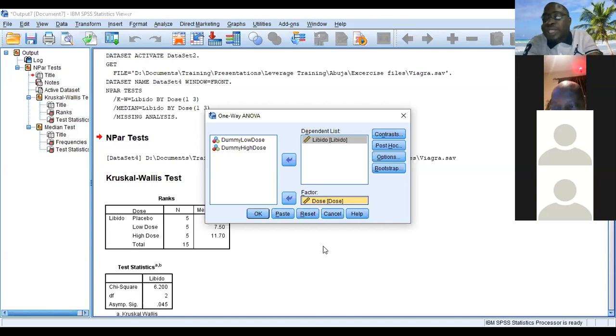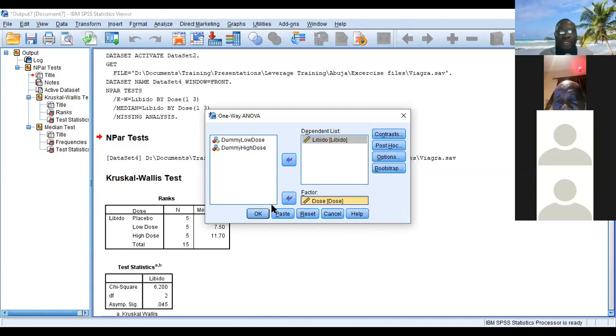If you do this with ANOVA, it's significant. With Kruskal-Wallis, it is significant. It's the median test that is not significant. It has less power. I think I said in one of the last slides that the median test is not as powerful as the parametric tests, and they are not as powerful as the non-parametric tests.